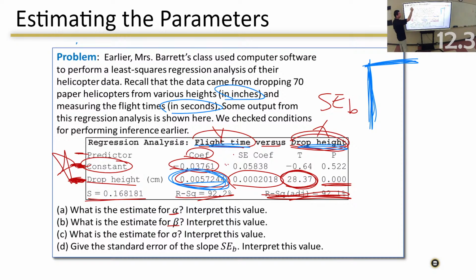The slope is 0.05724 over 1. So this is positive. It goes up for every 1 inch. And again, you just logically deduce that from looking at the question.